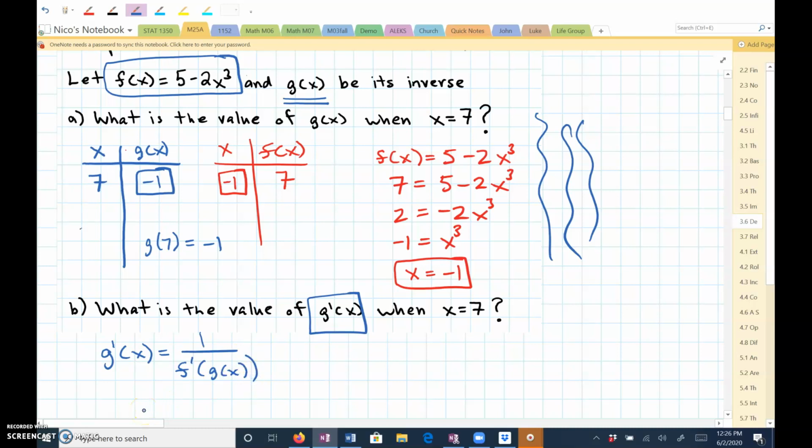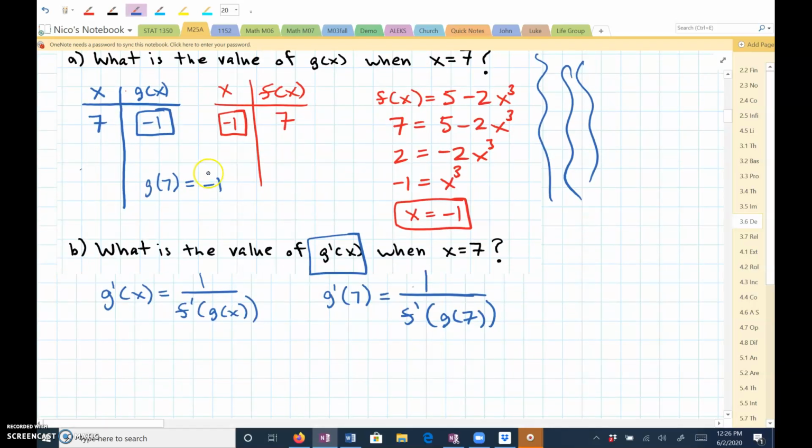Basically they want us to find g prime of 7. We know g of 7 is -1, so I can replace g of 7 with -1.